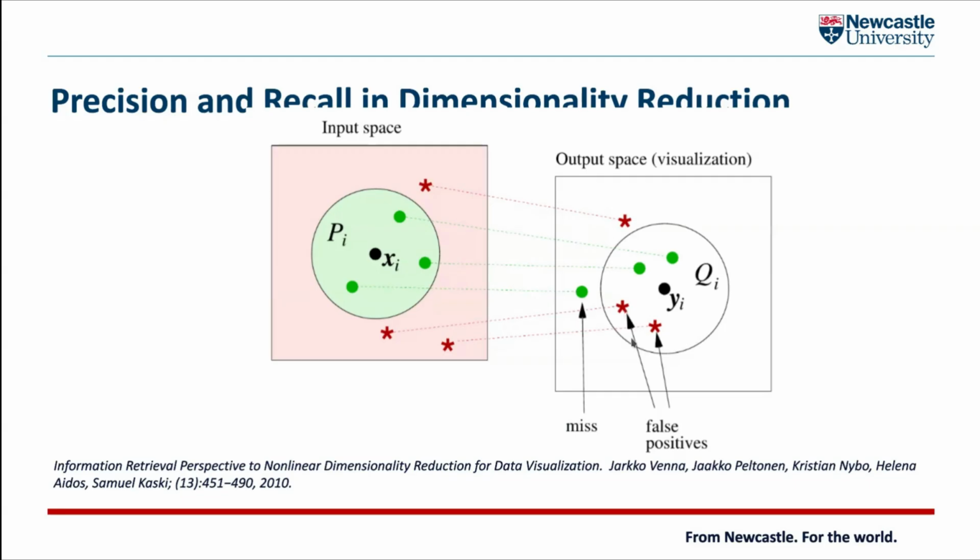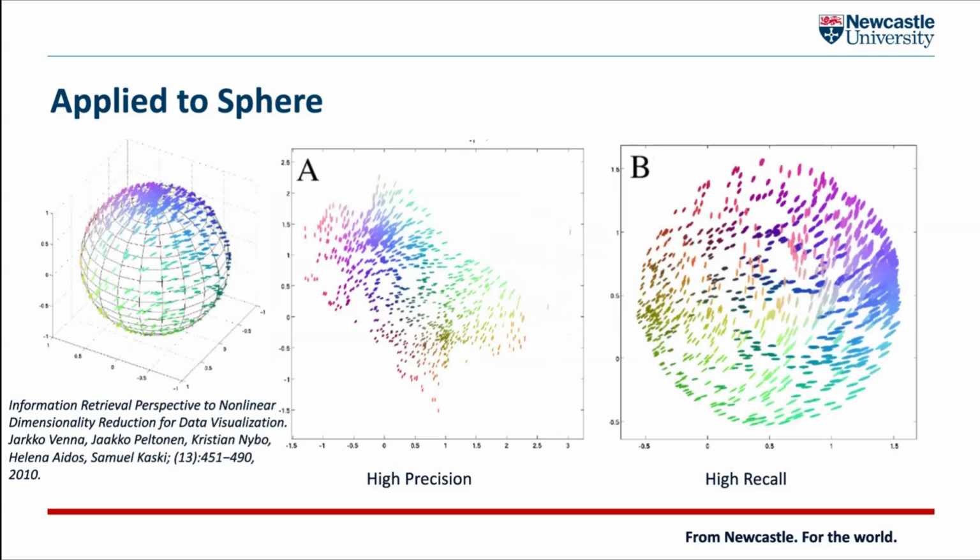And you can also have false positives, which are far away points that are within that circle. You can optimize these information retrieval functions around each of the individual points to compute a dimensionality reduced space. And now you can have control over precision and recall. So you could go 100% precision and you'll get diagrams like this.